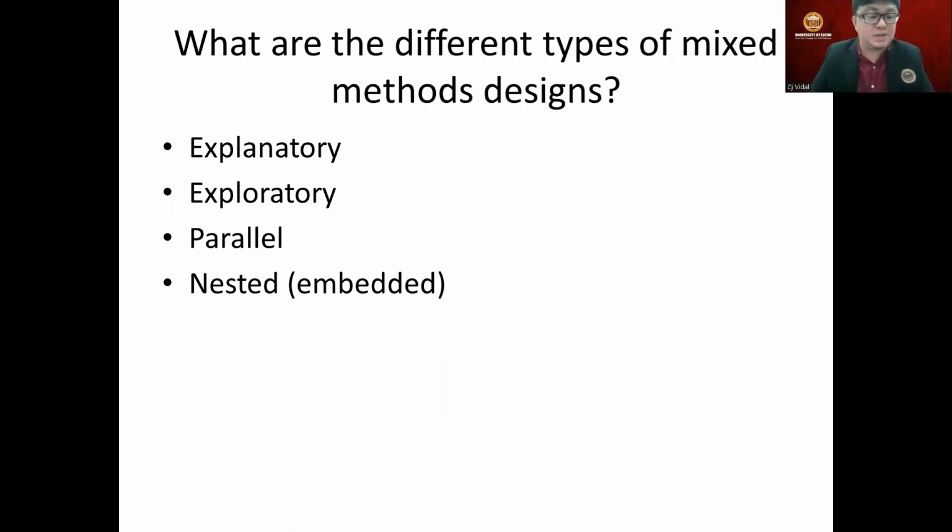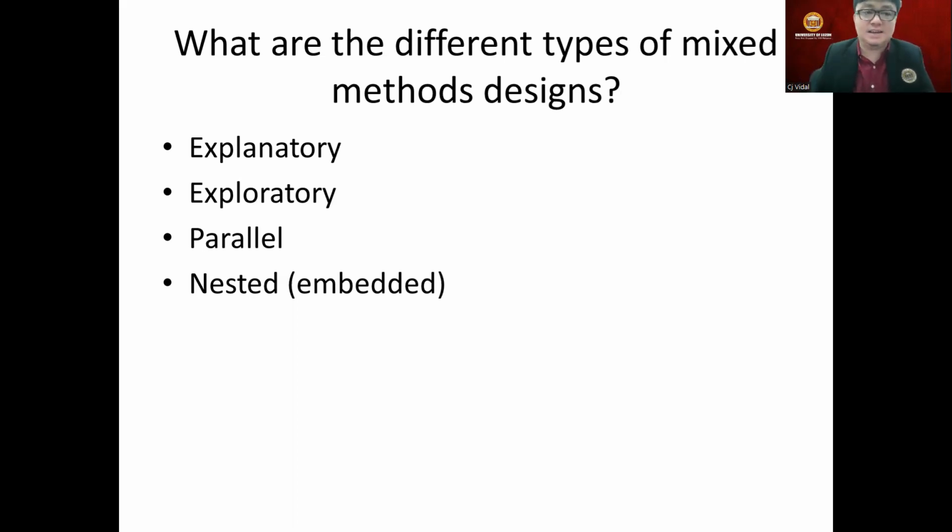It is also referred to as embedded designs. So let's discuss this further by noting the research processes involved in the 4 types of mixed methods designs I mentioned. Let's begin with explanatory.